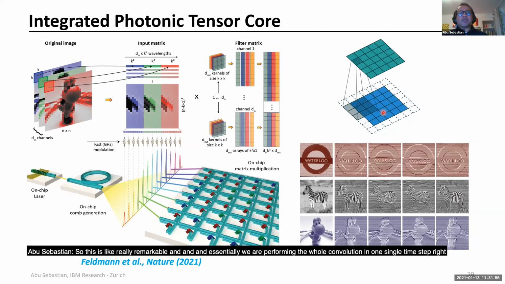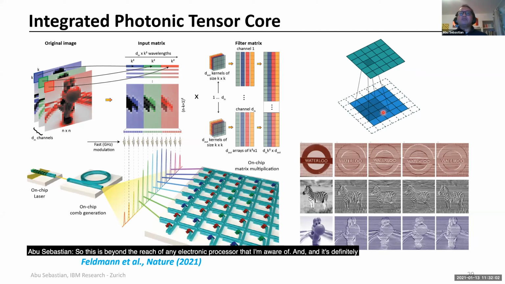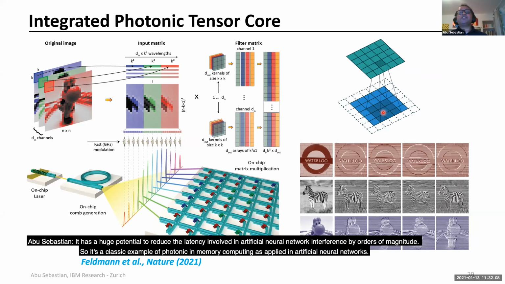Essentially we are performing the whole convolution in one single time step, right? This is beyond the reach of any electronic processor that I'm aware of. And it definitely has a huge potential to reduce the latency involved in artificial neural network inference by orders of magnitude. So it's a classic example of photonic in-memory computing as applied in artificial neural networks.